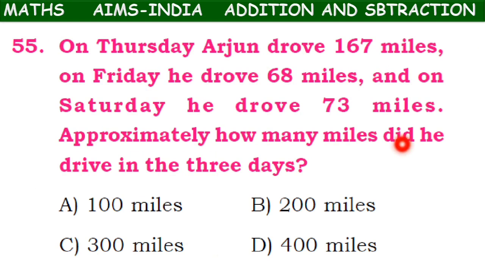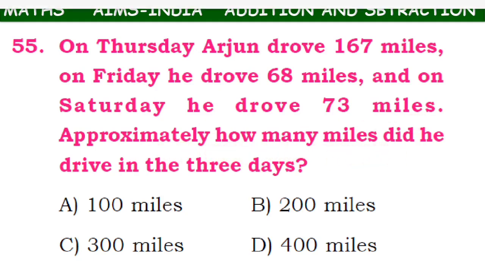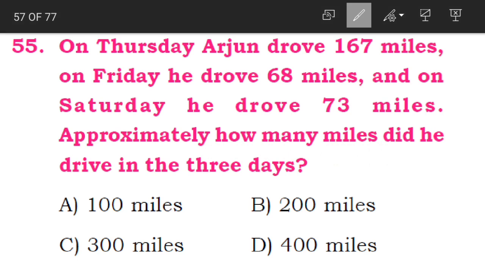Clear, children? Coming to question number 55. On Thursday, Arjun drove 167 miles. On Friday, he drove 68 miles. And on Saturday, he drove 73 miles. Approximately how many miles did he drive in 3 days? Again, this is a very simple question, children. The miles travelled by Arjun on the 3 days are given.